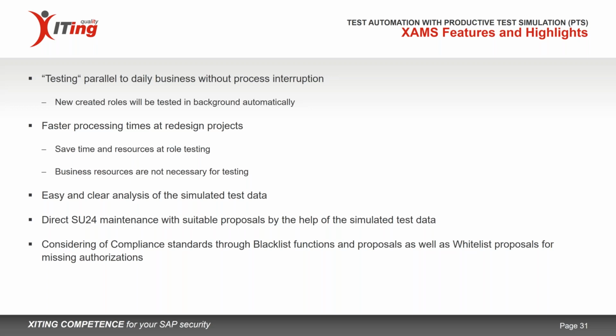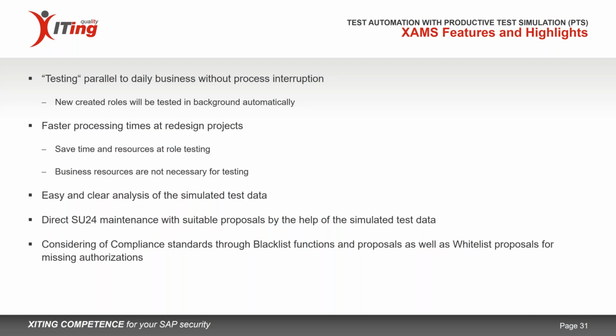I don't have to do it one at a time as the guy gets an error and I go fix it, and then I get another and I go fix it. I can get a list of all of the issues with the role up front, and I can go fix those at one time, okay? And so easy and clear, so we make the data very easy to understand. You'll see it in a second. And direct SU24 maintenance. Again, we can now do this with the logs and we can compare that to your SU24 values.